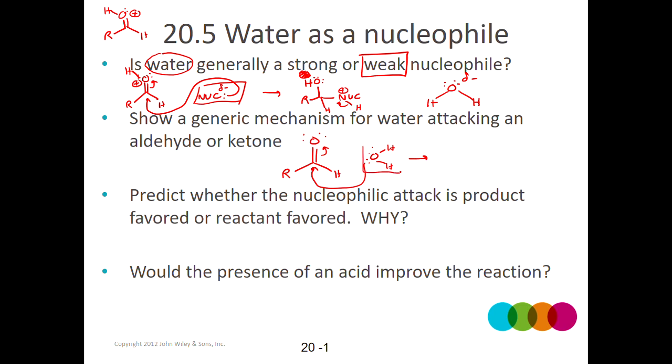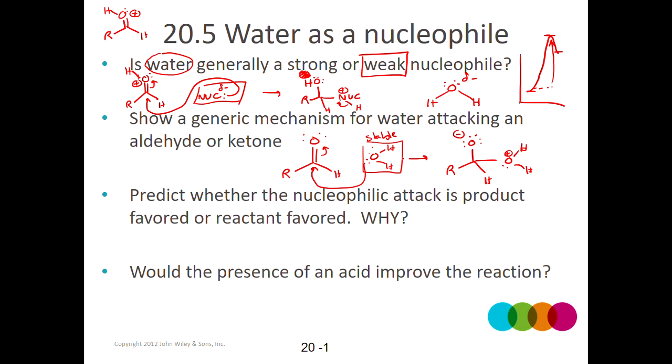Because the water, even though it's got a nice partial negative, is relatively stable, and the carbonyl is pretty stable overall. So if that attack were to occur, to create two formal charges at once, that would be much more unstable than the reactants, and we'd be looking at a situation where the reactants are so stable compared to the intermediate that the transition state energy we have to get through is quite high, and with such a high activation energy, this step would almost never occur.